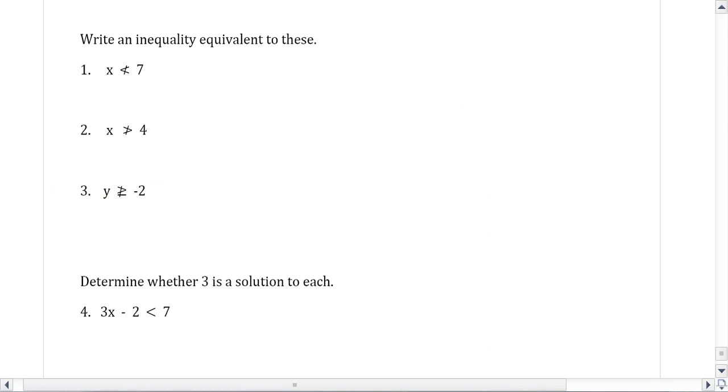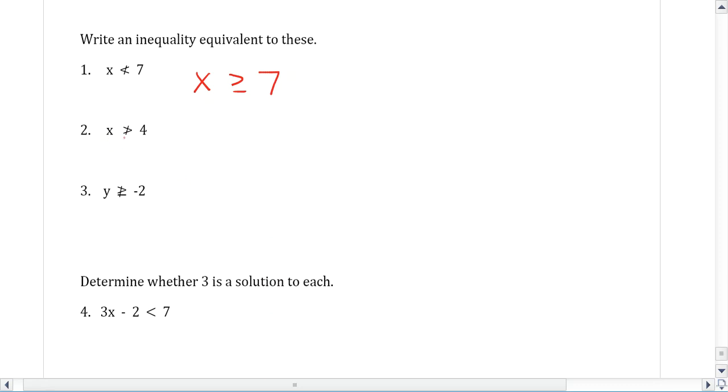So let's use what we learned on that table and write another inequality that's equivalent to the one that we're given. If x is not less than 7, then x must be greater than or equal to 7. You know, if you do not have less than $7, you must have $7 or more. Sometimes money can help us clarify inequalities.